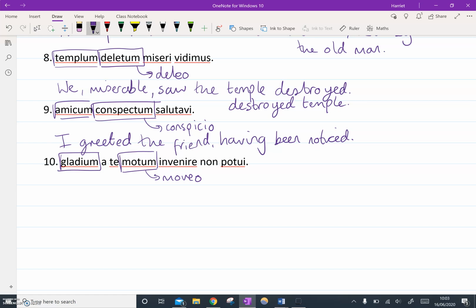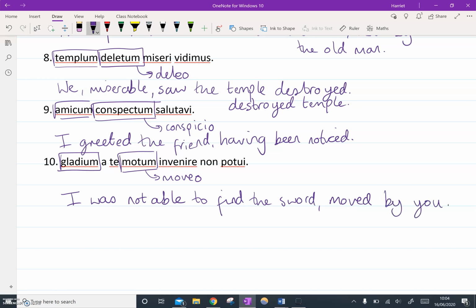So the translation is non potui, I was not able, invenire, to find, and then your accusatives, the sword, motum, moved, or having been moved, a te, by you. So there are your answers, boys. Check over those. Doesn't matter if you've gone wrong, as long as you understand where to go right next time you do this sort of thing. This grammar is not easy at all.